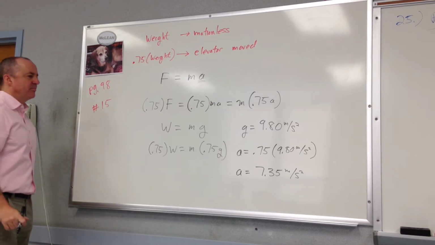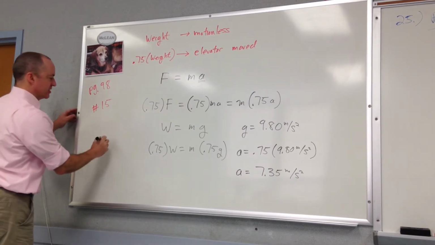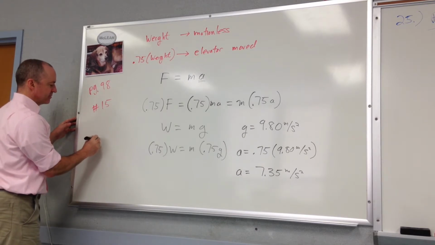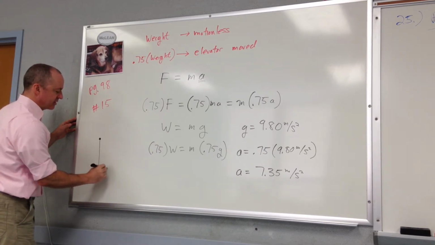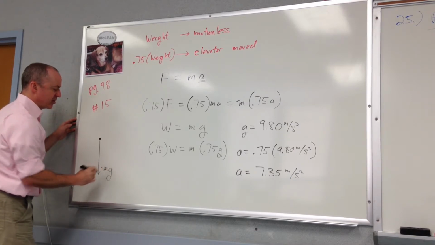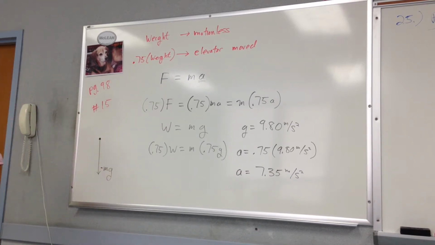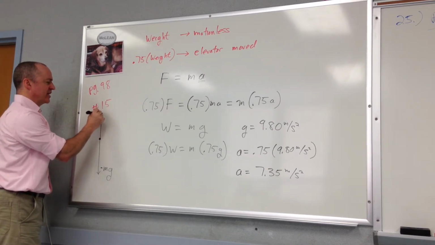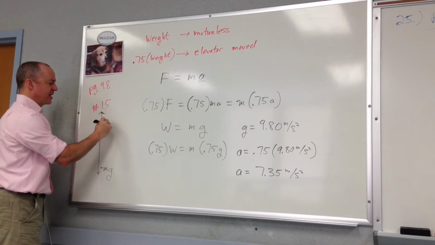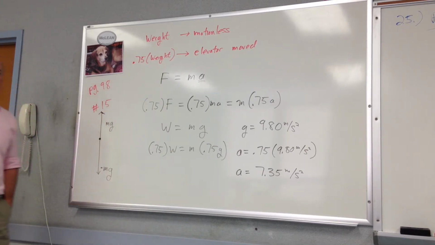Okay. Let's do a little bit of a diagram over here. Gravity is pulling him down like that, right? The bathroom scale, and underneath that the floor of the elevator, Newton's third law, is pushing back up on him like that, correct?